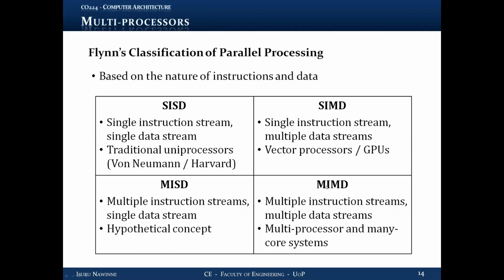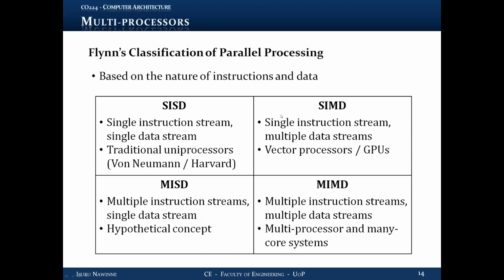Multiple programs run concurrently using several processing elements, and those processing elements may be using multiple data streams. They need not use the same data stream. They can work on different data, right? Such flexible systems are known as MIMD, multiple instruction, multiple data. So the usual multiprocessor systems and many core systems we just discussed fall under this category.